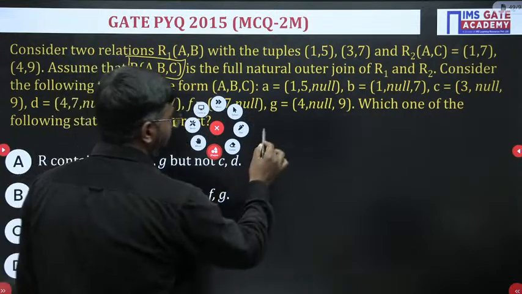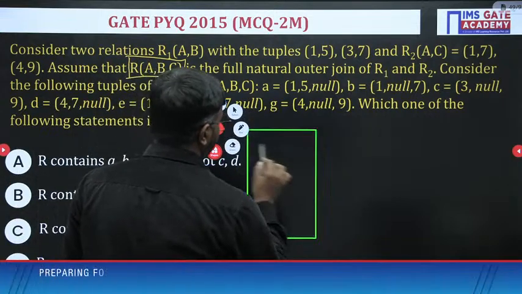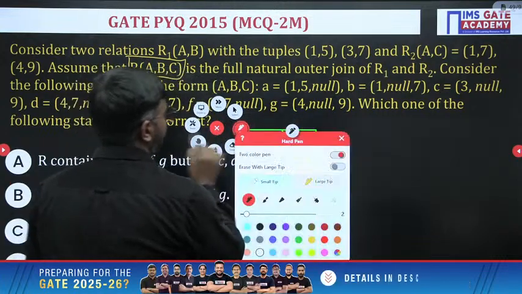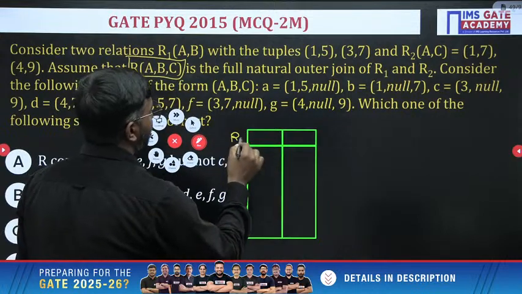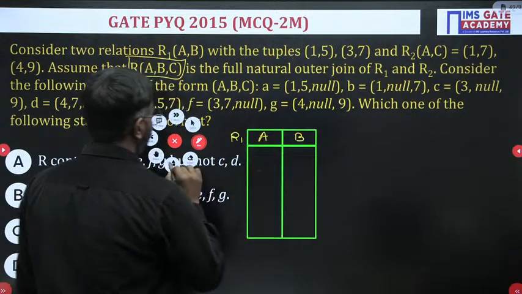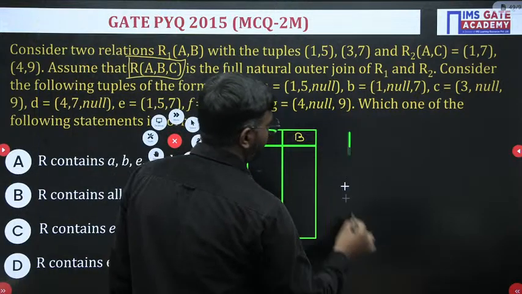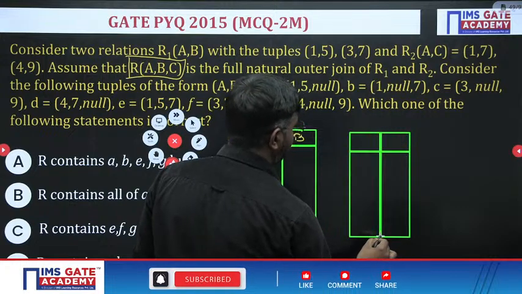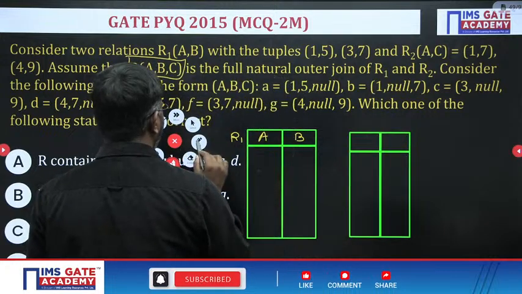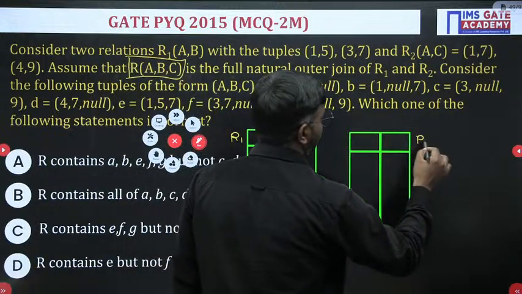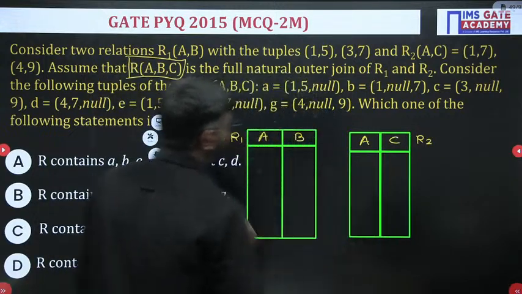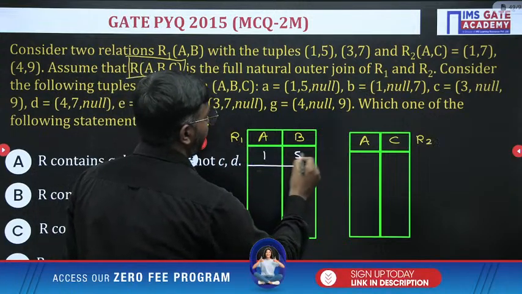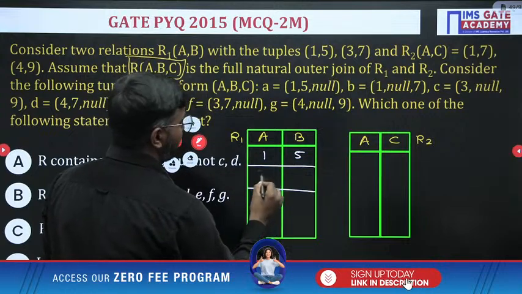So we are given two relations. First is our R1 having attributes A, B, and the other is R2 having attributes A, C. The values in R1: the first record is 1, 5, and the second record is 3, 7.